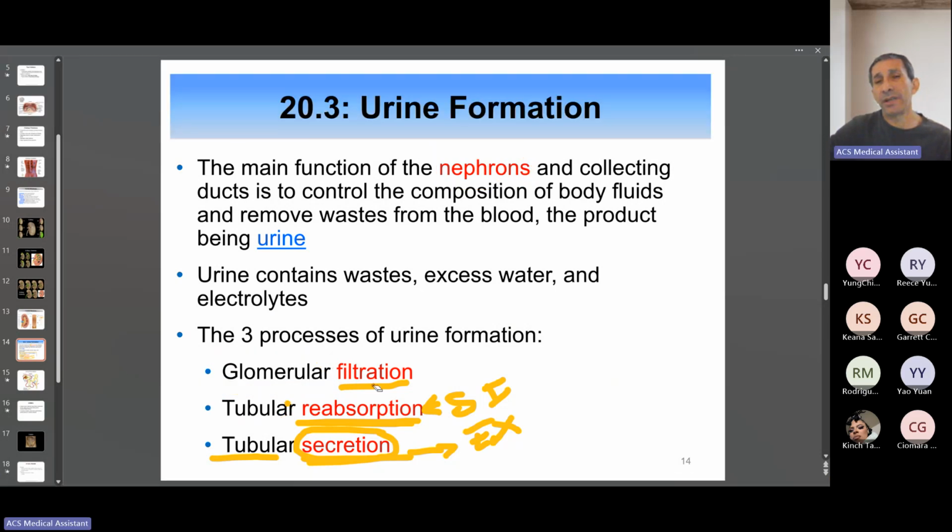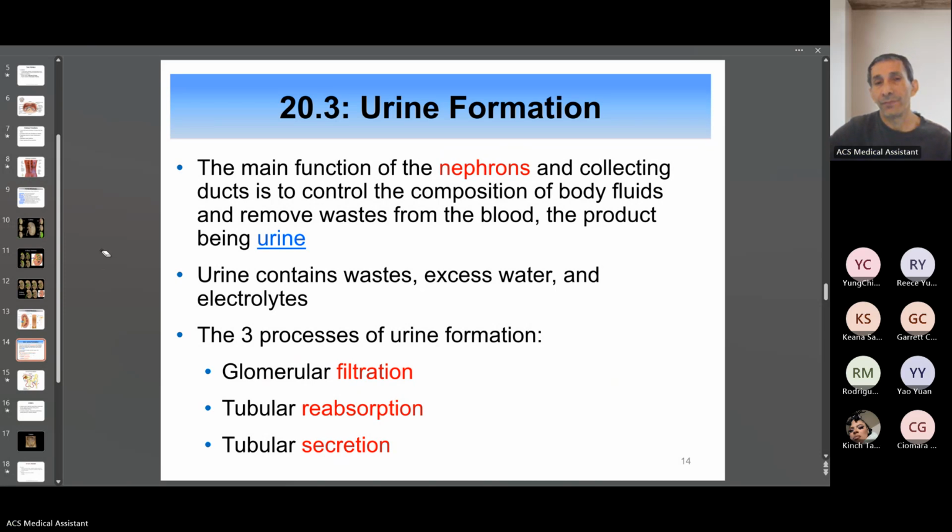So just keep in mind that the structural cell that makes up the kidneys is called the nephron. And within the nephron is where we're going to have these three processes of urine formation: filtration, reabsorption, and secretion.